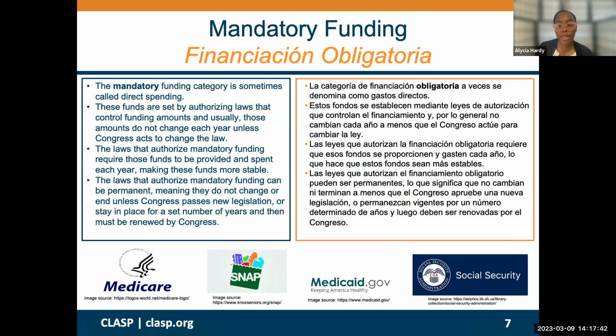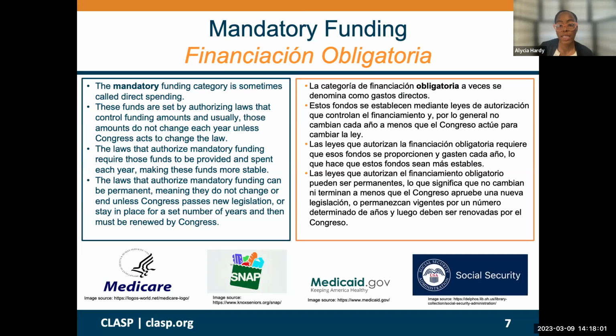The mandatory funding category is sometimes called direct spending because these funding levels are set by authorizing laws that directly control how much can be spent, instead of Congress determining how much can be spent each year.